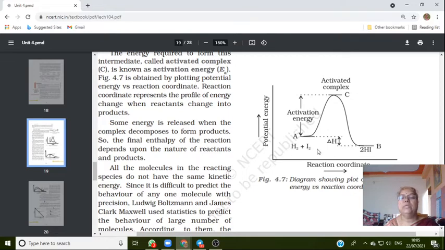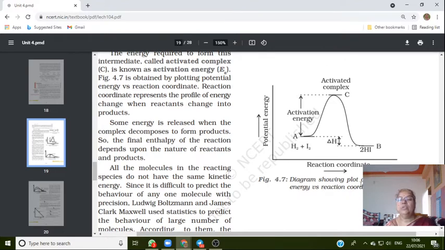Remember, hydrogen and iodine molecules collide with each other. Their energy increases. Then the activated complex or intermediate product is formed, and then their energy decreases, and we get the final product, that means the 2HI molecules.